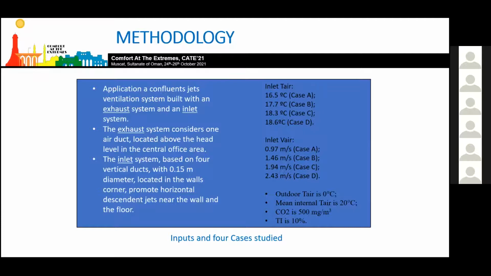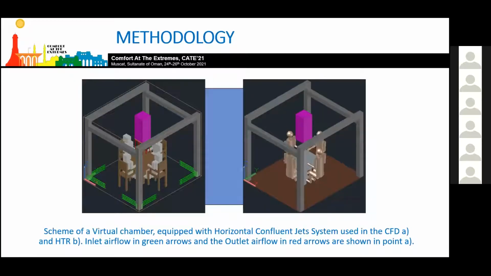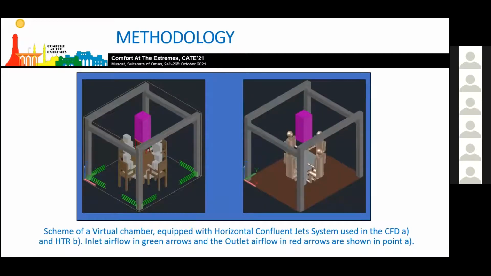And this is a typical cold simulation in winter conditions. The main idea is to guarantee internal conditions, with a mean internal condition for the air temperature around 20 degrees. Here you can see the pictures with the CFD simulations. The first pictures show the CFD, and the other pictures show the human thermal response.